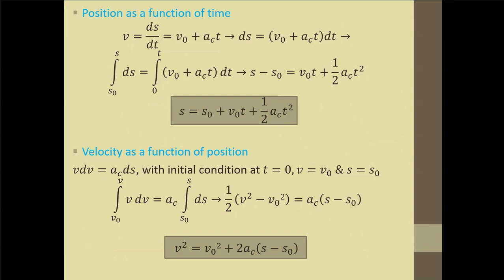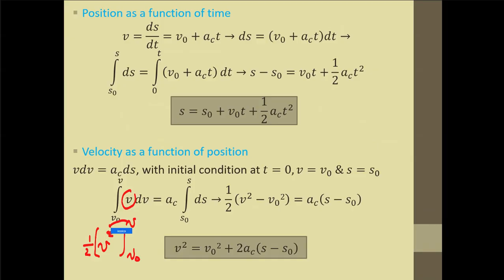Then we simply integrate. Left-hand side, integral of v dv from initial velocity v0 to any velocity v. Right-hand side, a_c is constant, take it out. Then again, apply the power rule: the antiderivative of v is half v squared, evaluated from v0 to v.